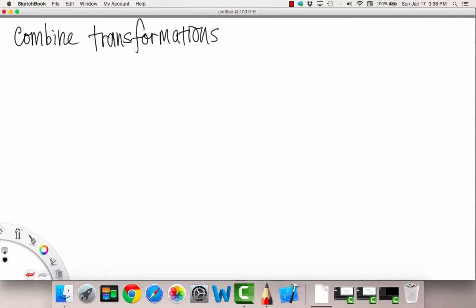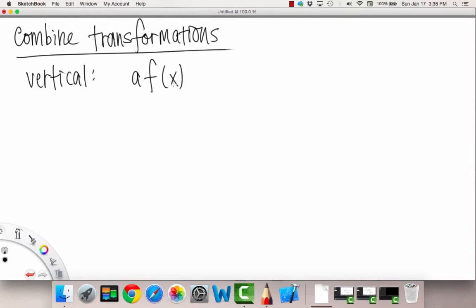Okay, so in this, I'm just going to delineate the steps in which you do things. So if you combine vertical transformations, so that would be like saying a constant times f of x, our function, and then you just tack on that k, okay?